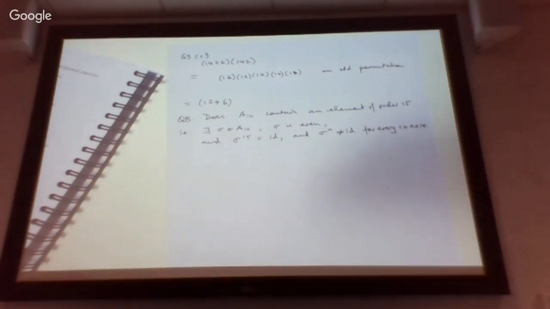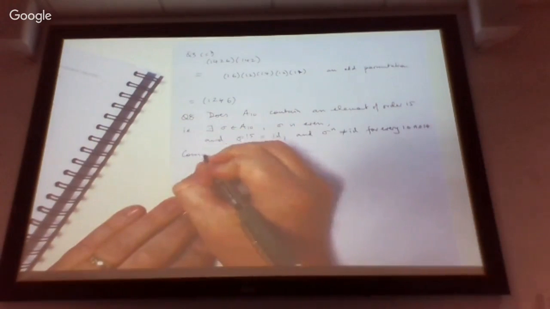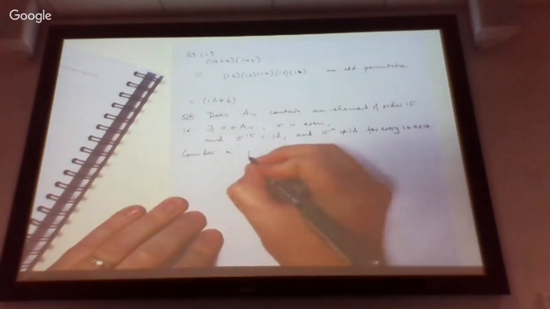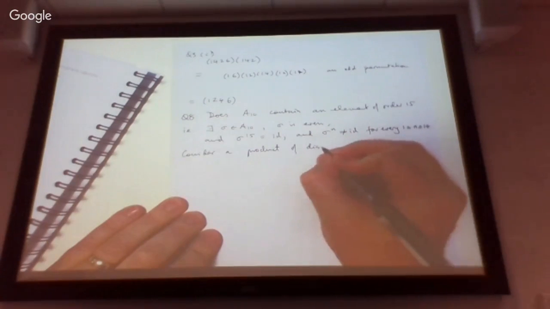Okay, now, how the heck do you think about this? Well, consider a product of disjoint cycles. We'll worry about the evenness in a moment.